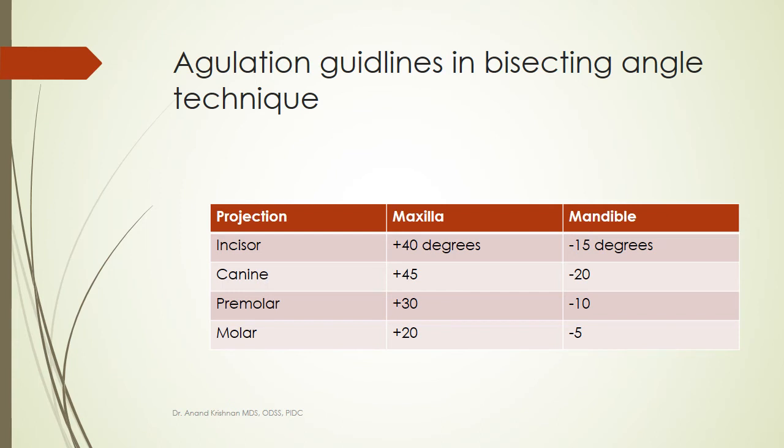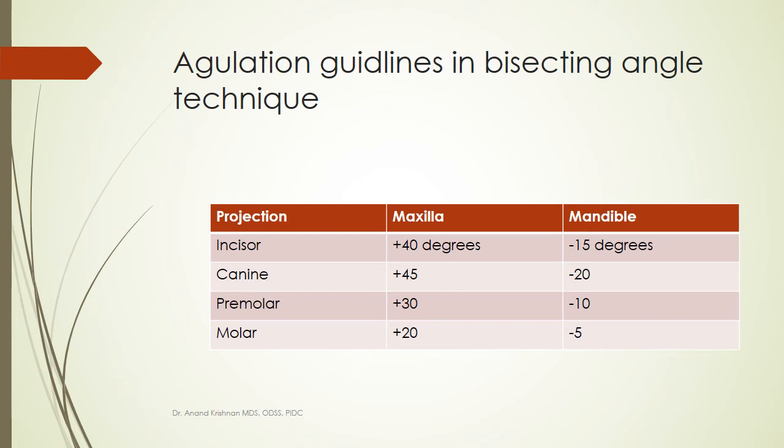So to overcome this difficulty, a predetermined measurement for angulation, a measurement for you to aim the central beam of the X-ray, for the imaginary bisecting angle line that we talked about has already been given.